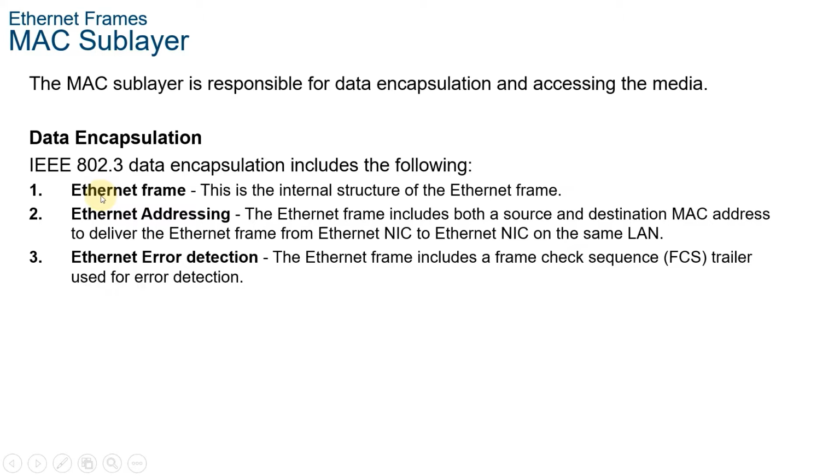This is the internal structure of the Ethernet frame. For Ethernet addressing, the Ethernet frame includes both a source and destination MAC address to deliver the Ethernet frame from Ethernet NIC to Ethernet NIC on the same LAN. The last one is Ethernet error detection. The Ethernet frame includes a frame check sequence, or FCS, trailer used for error detection.